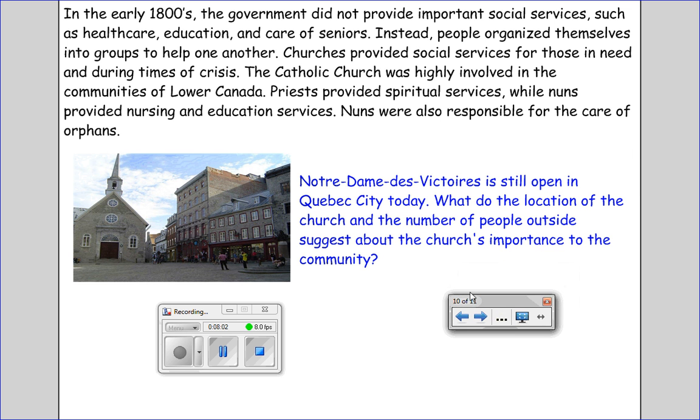Just looking at this picture on the left, Notre Dame des Victoires is still open in Quebec City today. And in fact, I have gone on 3 field trips with the middle school to Quebec City over the past 15 years, and on each trip, we have always passed by this church.